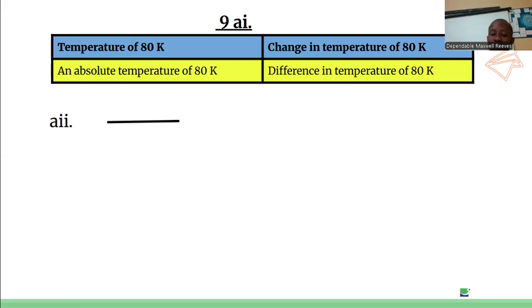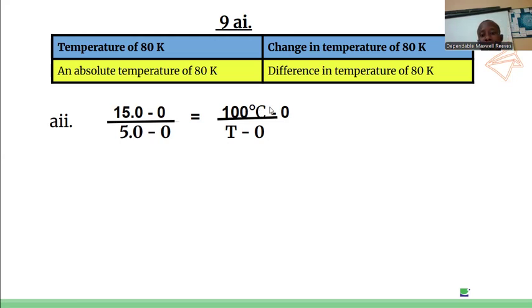So take that into consideration. We have the upper fixed point minus the lower fixed point of the thermometer, and the mean course minus the freezing point, equal to the steam point minus the freezing point, all divided by the mean course minus the lower or freezing point.